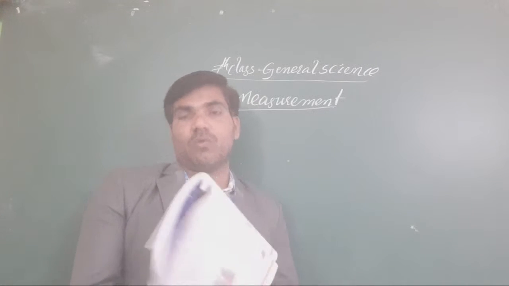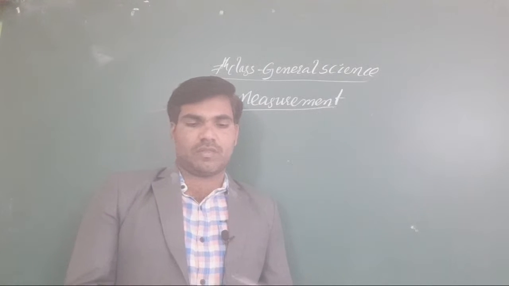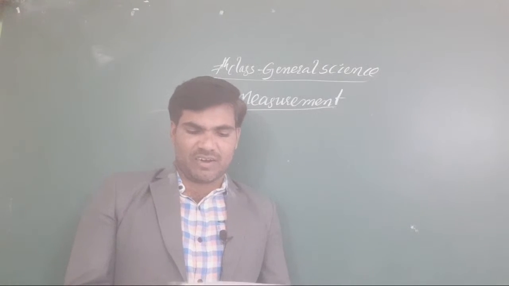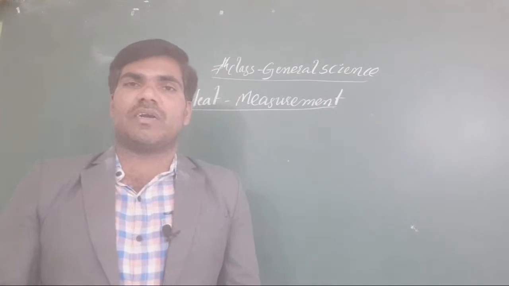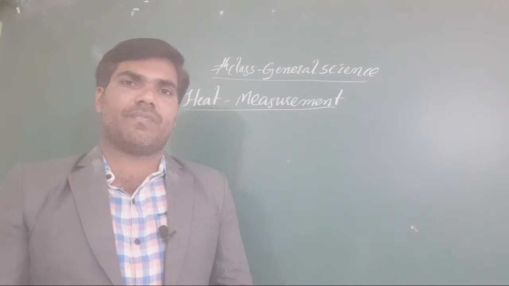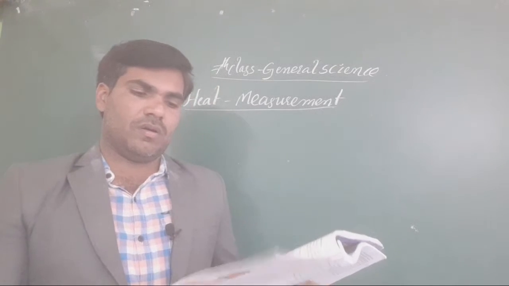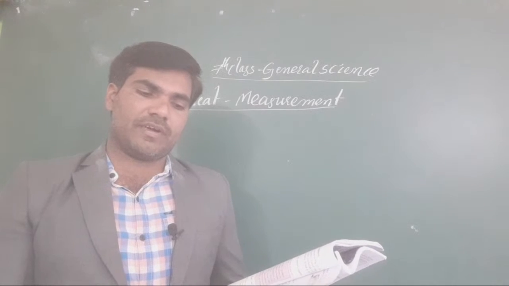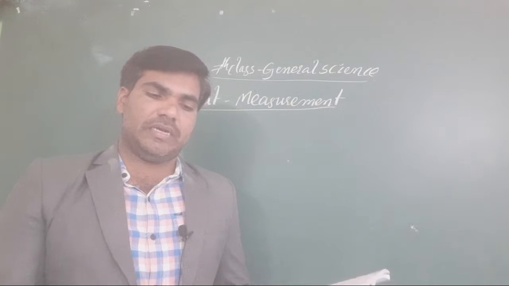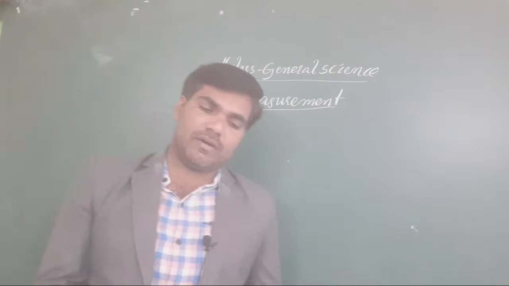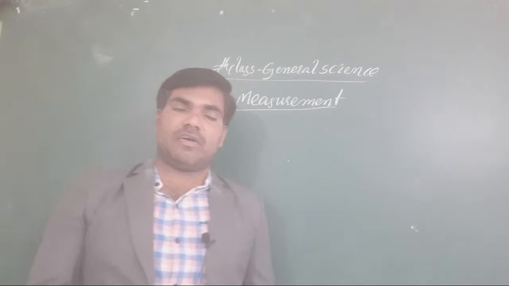Now come to the 13th answer. The 11th answer I already explained just now: heat is a form of energy. The 7th one: Jyoti prepared to measure the temperature of hot water with a clinical thermometer. Is it right or wrong? Yes, it is wrong. The answer is the same as the 12th.